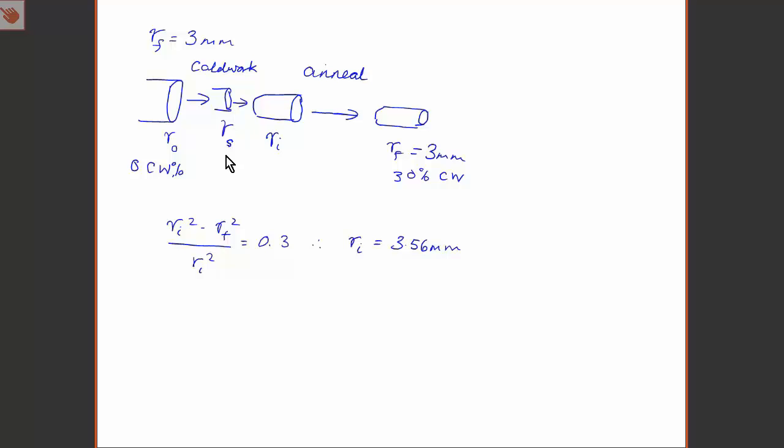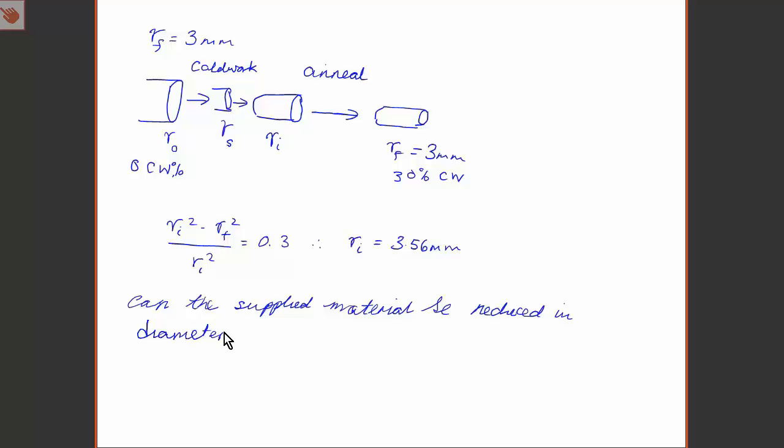So now we're going to ask, can the supplied material be reduced in diameter down to Ri, which is equal to 3.56 millimeters.